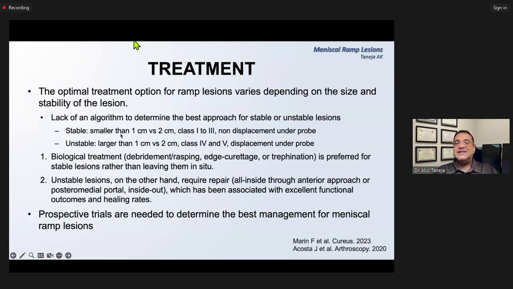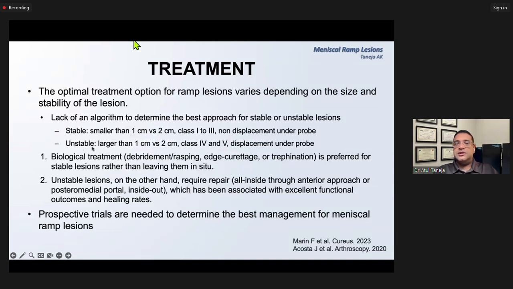So they consider it stable between 1 to 2 centimeters, if below that, class 1 to 3, and especially if there is no displacement of the posterior horn under probe pressure, during probing in arthroscopic surgery.